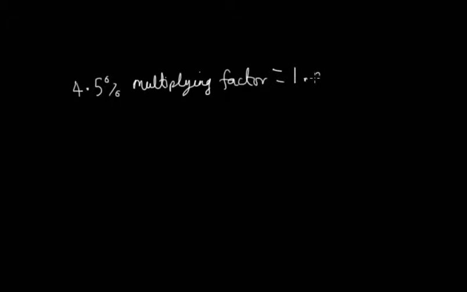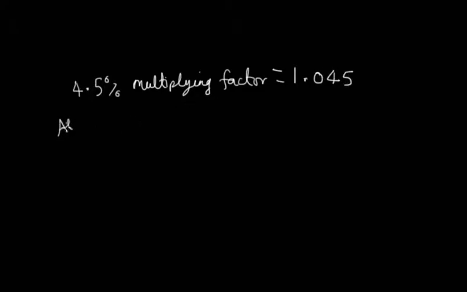So let's have a look at this one. Again, we've got our 4.5% and we want to find out what the multiplying factor would be. The multiplying factor is going to be 1.045.